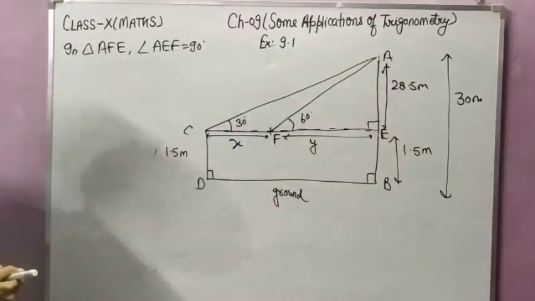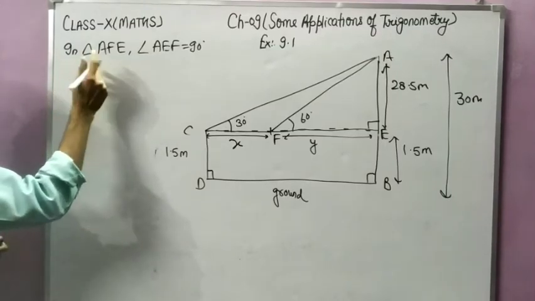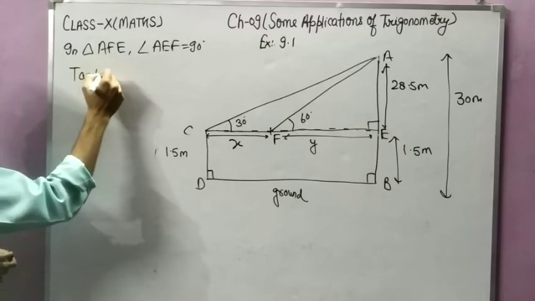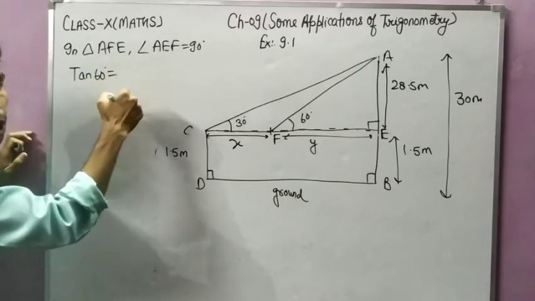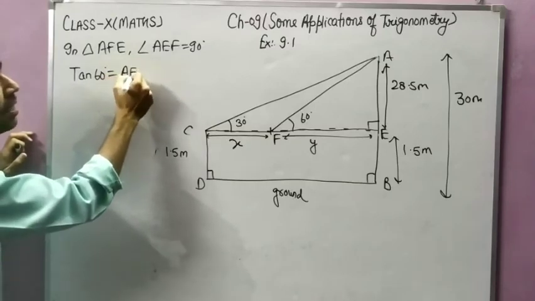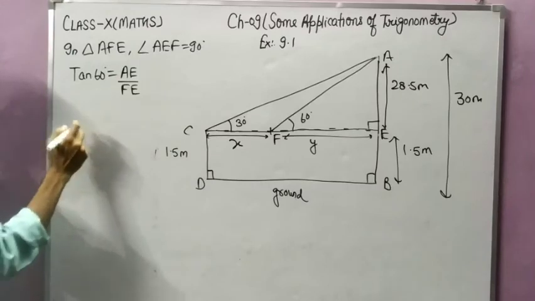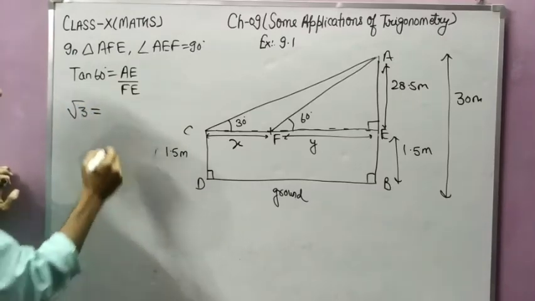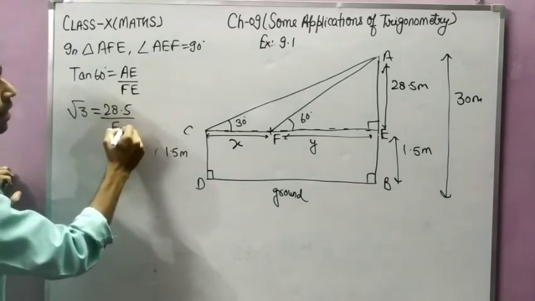So we have to deal with perpendicular and base only. So we will apply in triangle AFE tan 60 degree. Tan 60 degree can be written as perpendicular upon base, it means AE by FE. What is the value of tan 60? The value of tan 60 is root 3. So root 3 equal to, the value of AE is 28.5, upon FE.